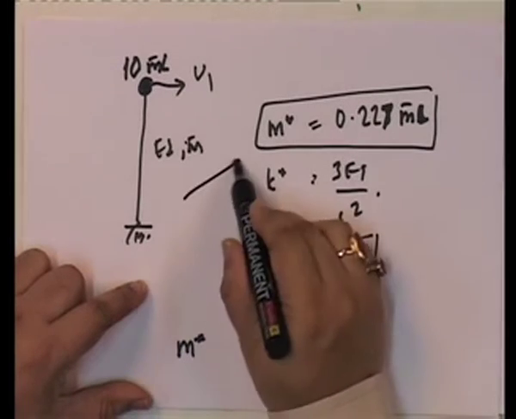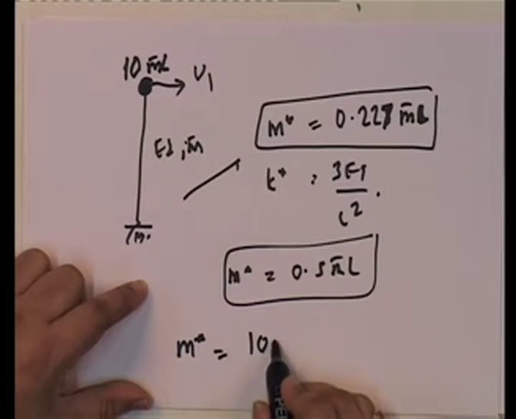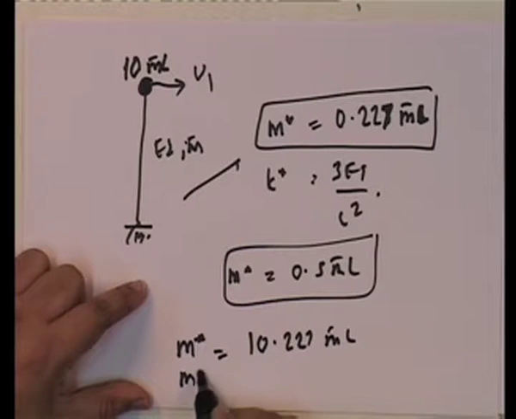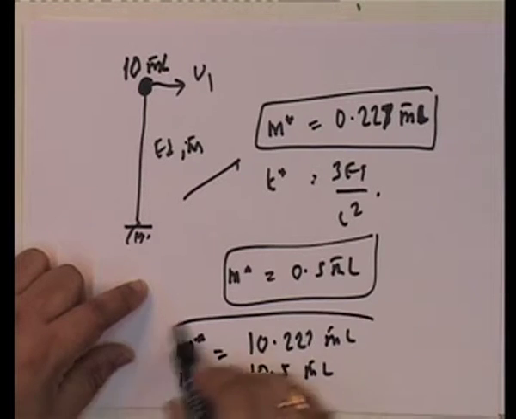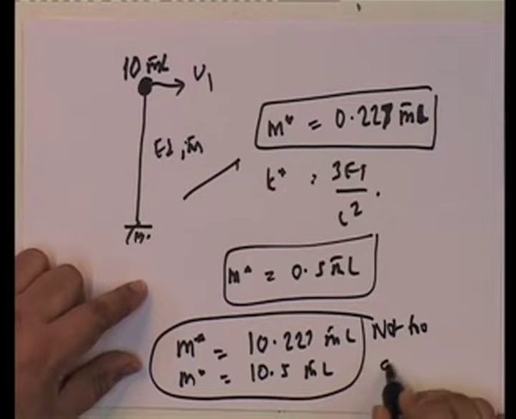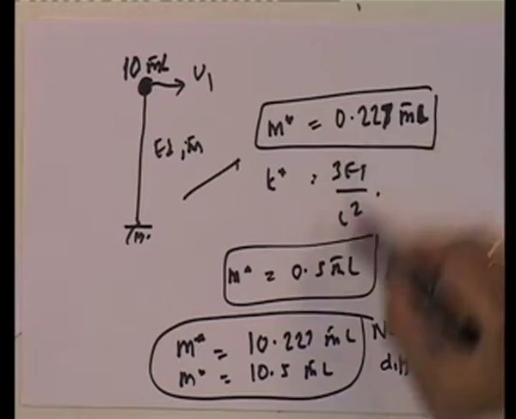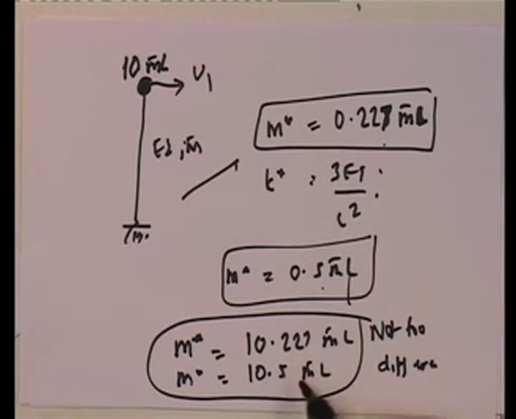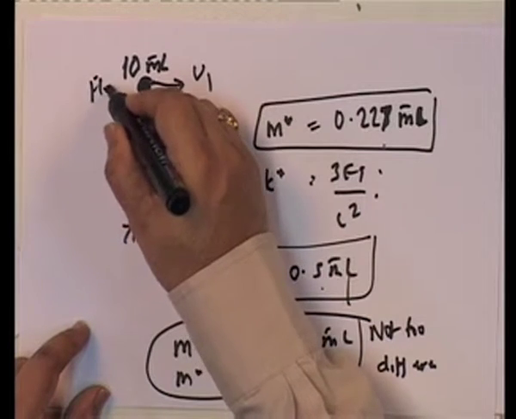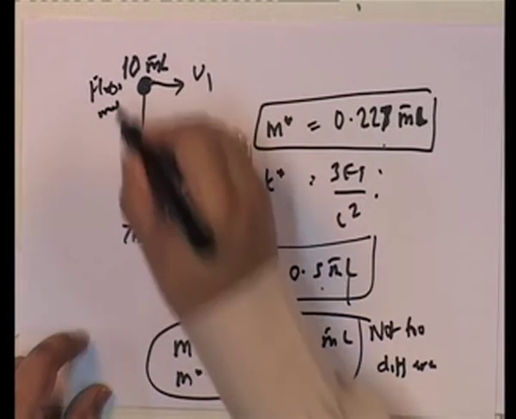If I use this, my m star becomes 10.227 m bar L, and if I use lumped mass, I get 10.5 m bar L. Not too different, huh? Now, something that looked ridiculous becomes non-ridiculous when you have floor mass.